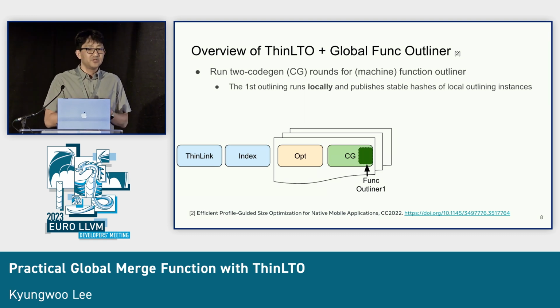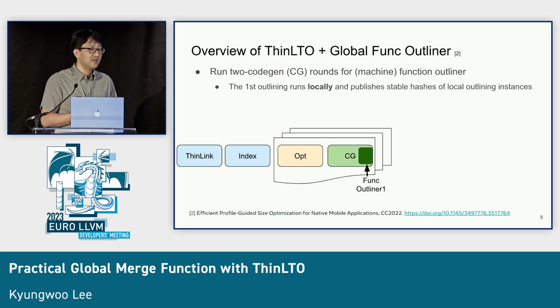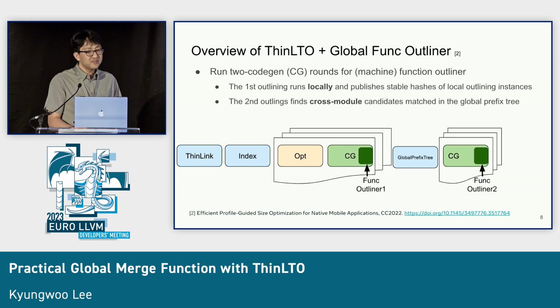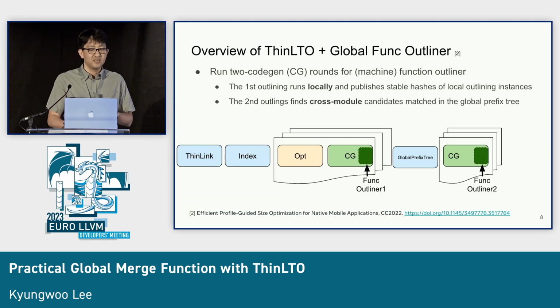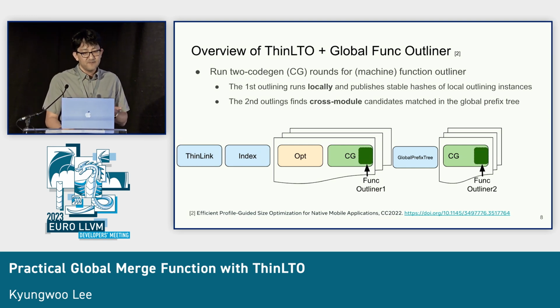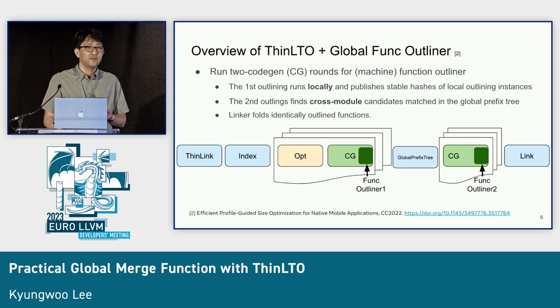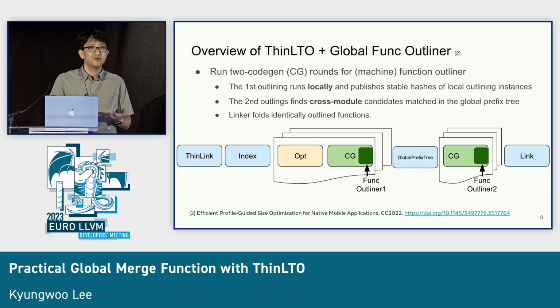After that, we publish the stable hash of the local outlining instances into the global prefix tree. During the second codegen, we use this global prefix tree information to identify cross-module outlining opportunities. Then finally, the linker folds identical outlined functions to achieve binary size reductions.